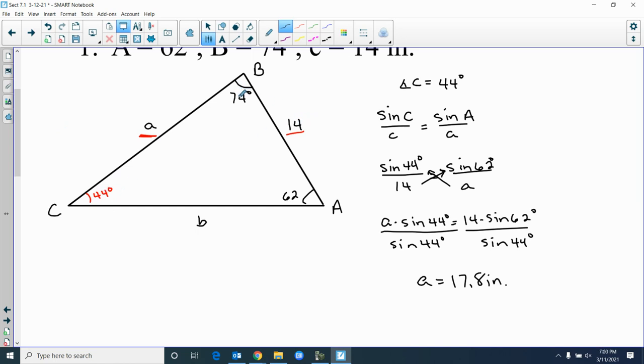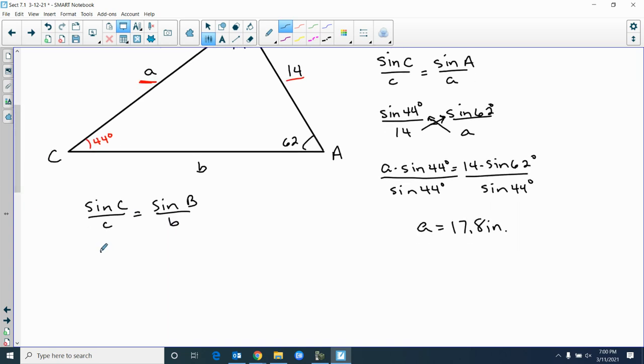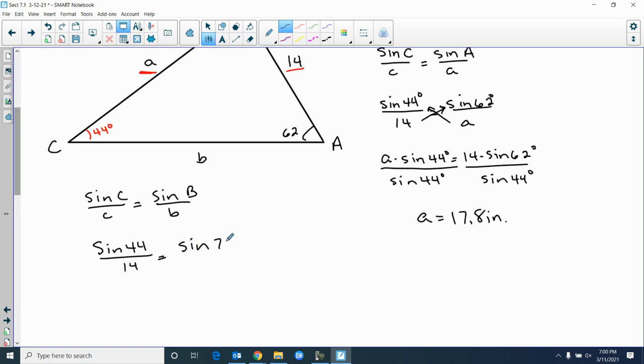Now I'm going to use angle B and side B. So I'm going to take the sine of C over C equals the sine of B over side B. So that gives me the sine of 44 over 14 equals the sine of angle B, which is 74 degrees, over side B. All right, same thing.